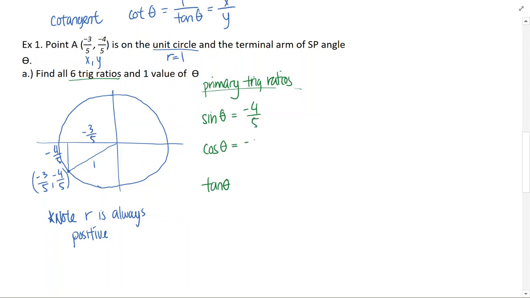Cosine is just the x value, but tangent is still y over x, so it's -4/5 divided by -3/5. When dividing two fractions, we can multiply by the reciprocal, so we have 5/-3. The 5's cancel out, and the negatives also cancel out, so you have 4/3. Next, we only have 3, and we need 6 trig ratios. The other 3 are those reciprocals.